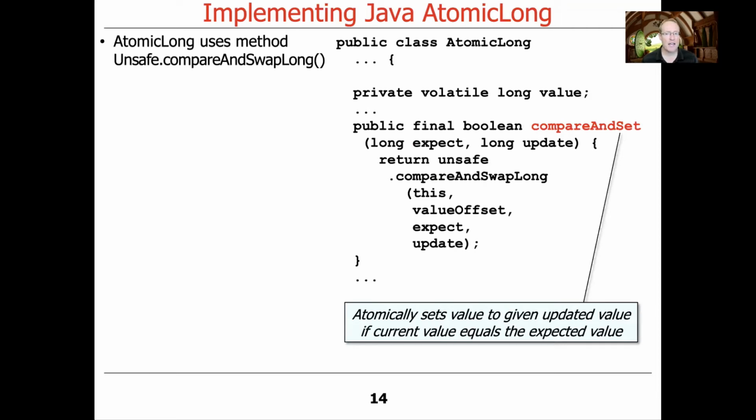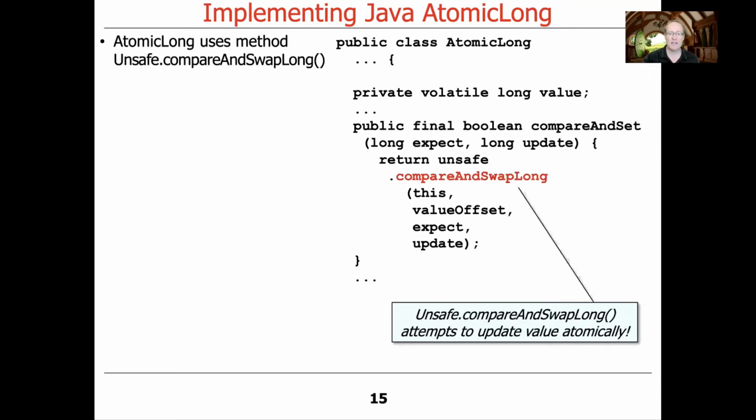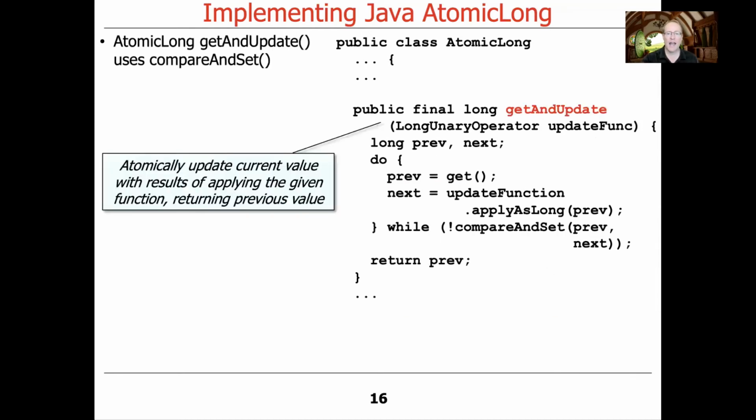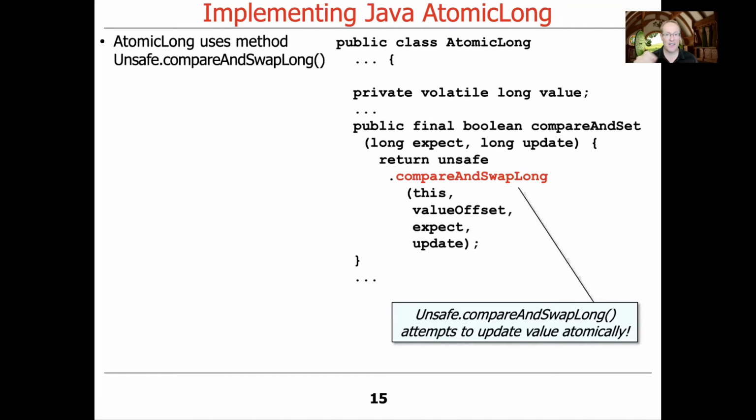So compare and set on AtomicLong is going to take an expected value and then updated value, and it's going to use compare and swap long, which is that unsafe method we looked at earlier, and it's going to go ahead and make that change.